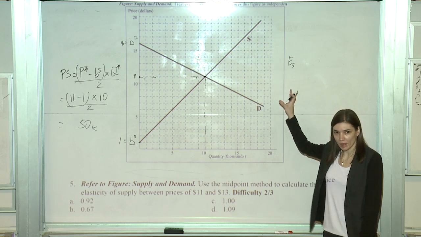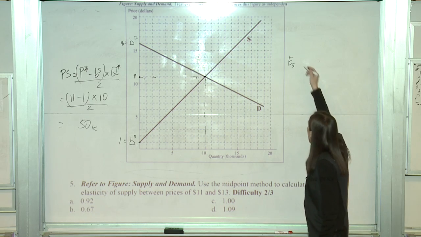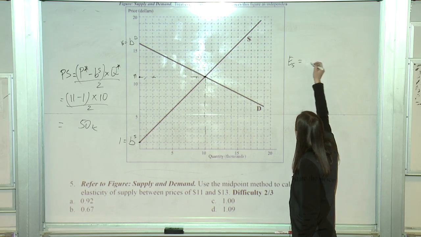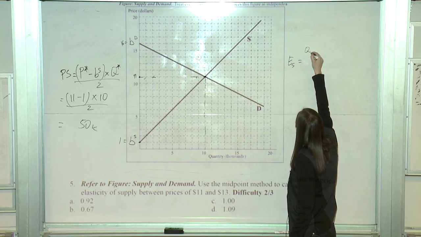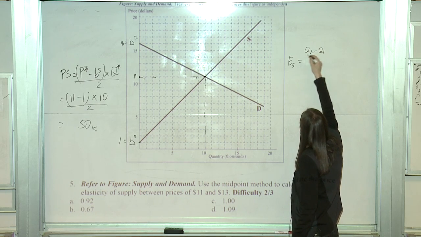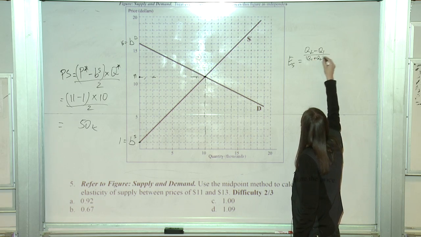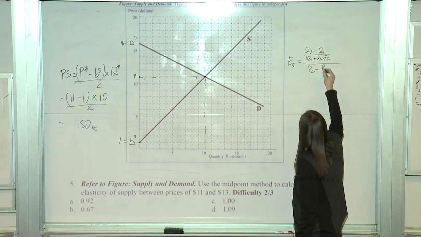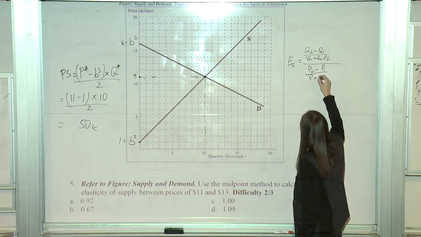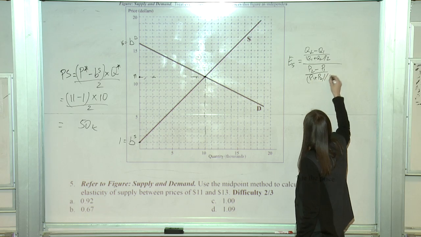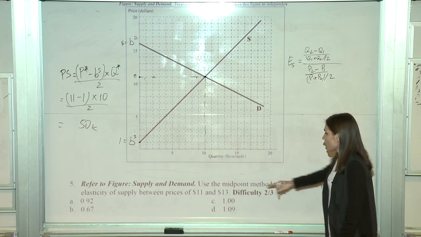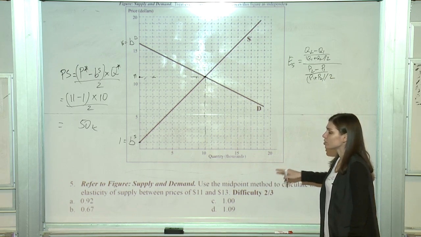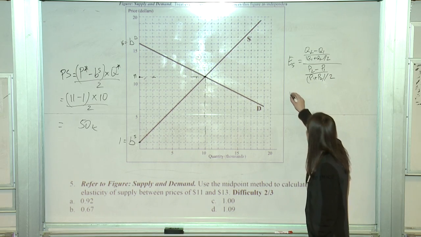We'll be tracking the supply curve, not the demand curve. So the elasticity of supply with the midpoint method would be the difference in quantity divided by the average quantity, and the whole thing divided by the difference in prices divided by the average price. Right? Now I need to find the elasticity of supply between the prices of 11 and 13.